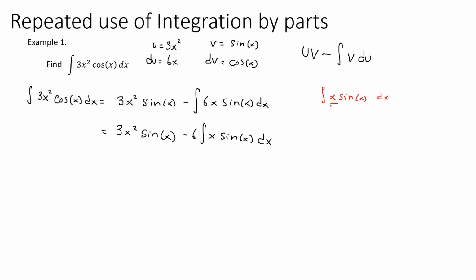Once again, your x is u, your sine is dv. So u is equal to x, du is equal to 1, dv is equal to sine. Therefore, v has to be negative cosine.